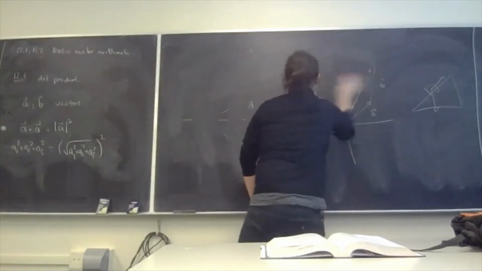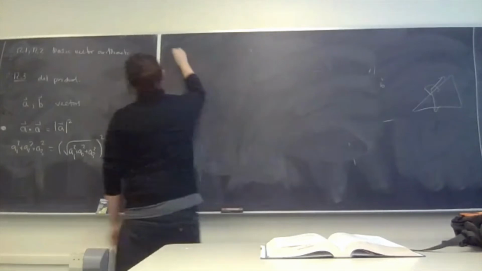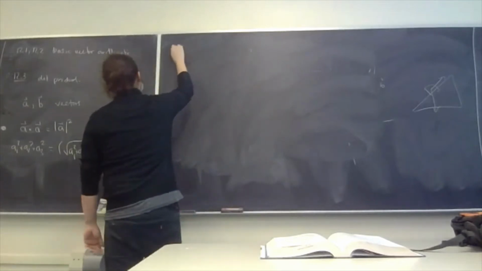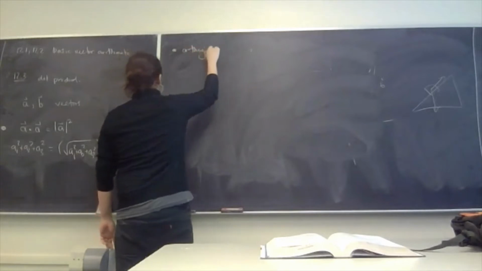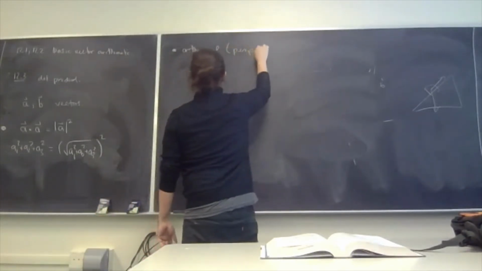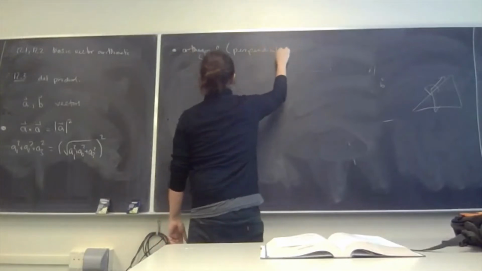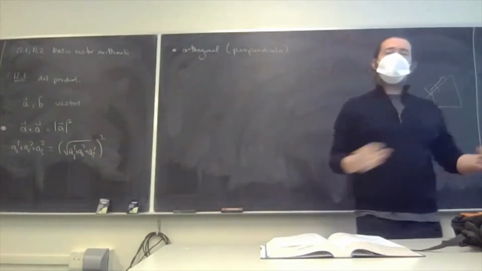The other thing that shows up all the time when you're working with vectors is the way that you define what it means to be orthogonal. And really, you can substitute the word perpendicular here. You may have had teachers in the past that insisted on a difference between orthogonal and perpendicular.